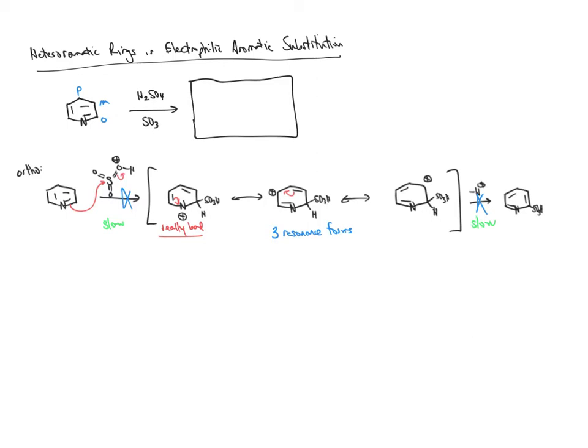Let's see what would happen if we were to substitute in a meta position. Okay, so again, I'm going to skip ahead to the point in the mechanism in which I have the protonated sulfur trioxide. I'm going to substitute at the meta position, so I'm going to take that pi bond and move it, attacking the sulfonic acid. And so I'm going to get this species, and I can perform resonance delocalization.